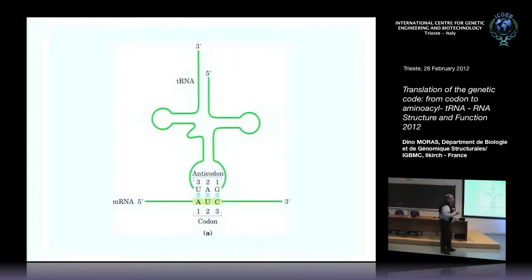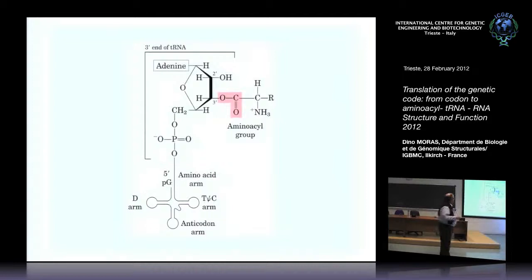But here, normally, if you have a wobble type of base pairing, you are in trouble. This is the case, the near cognate position, where you have to select for the transfer RNA, which will come back.